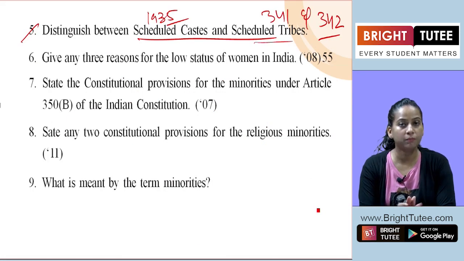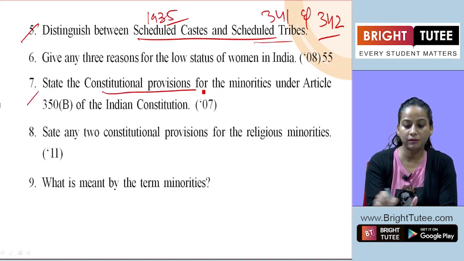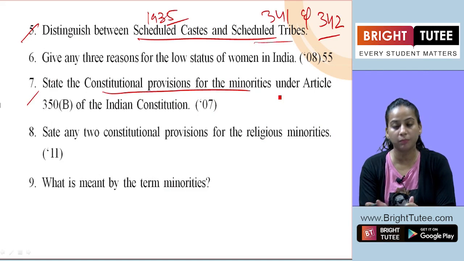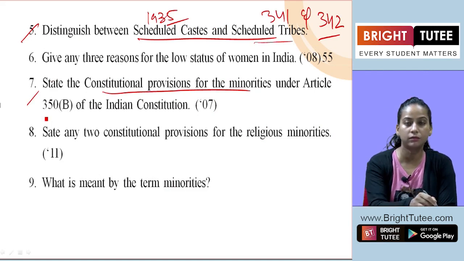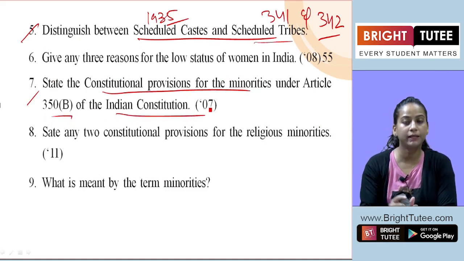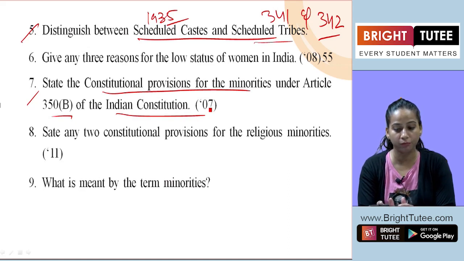The next question based on topic third, they have asked, state the constitutional provision for the minorities under Article 350B of the Indian Constitution. So here we have to mention what are the constitutional provisions that have been provided for the protection of the minorities in our country.